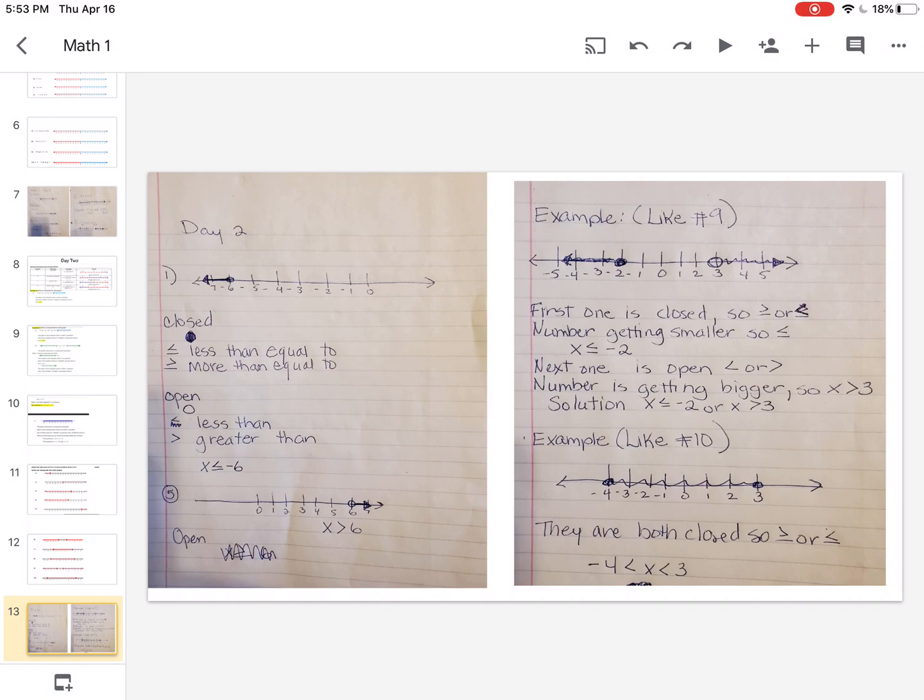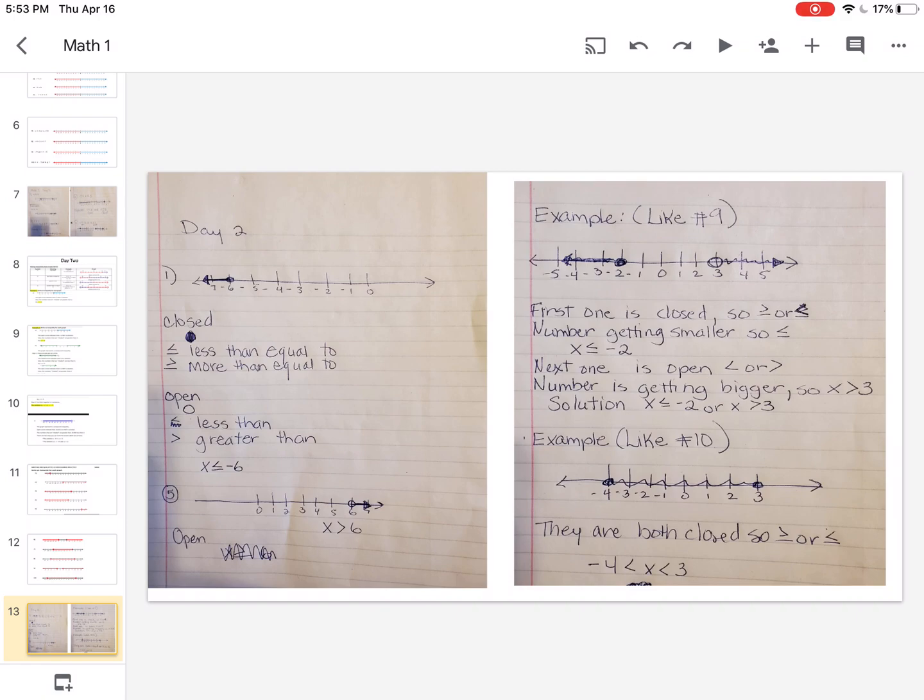And then when we look at the other part on the right side, there's an open circle on 3, so there's no line underneath it, and the number's growing larger. So x is greater than 3. The solution is x is less than or equal to negative 2, or x is greater than 3.